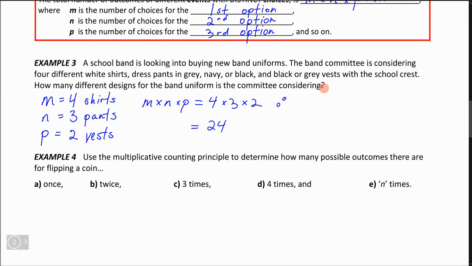So therefore, the committee is considering 24 possible uniforms.